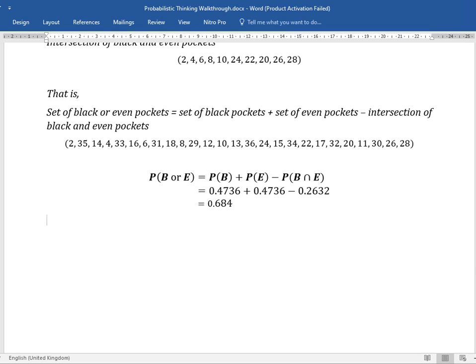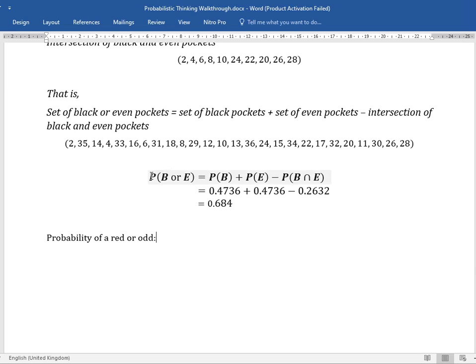Interesting that we are looking at odd numbers and we're checking the odds. All right, probability of a red or odd.